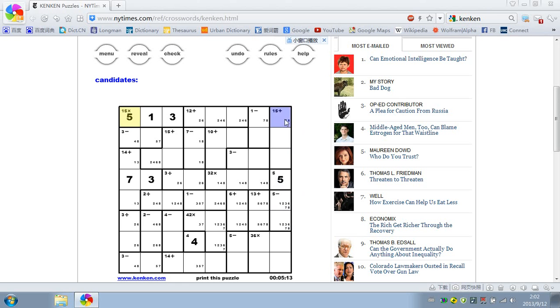So for the 15 plus, if this is 7, we have 8 left, which will be 2, 6. You can now have 3, 5 or 4, 4. So that's it. And for 8, there will be 7 left. It will be 1, 6, 2, 5, which cannot happen, or 3, 4. And this 5 minus will be 1, 2, 3, 6, 7, 8 as well.